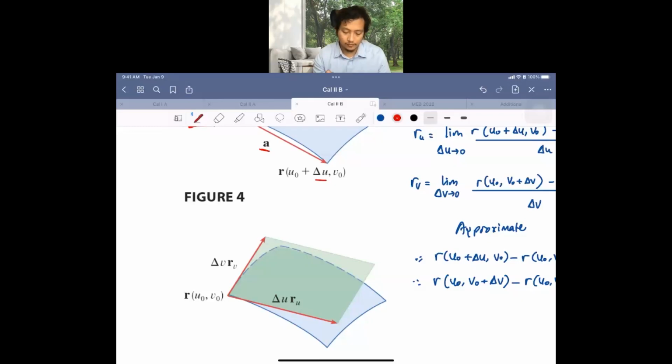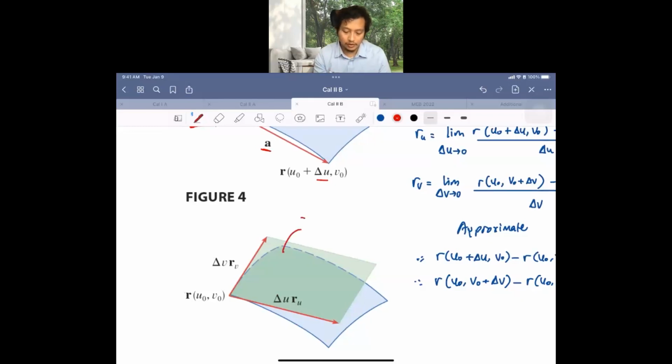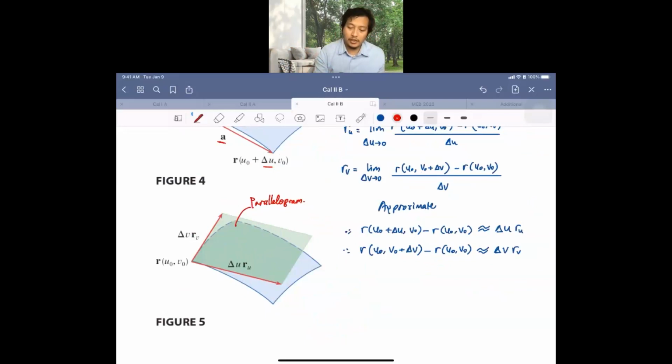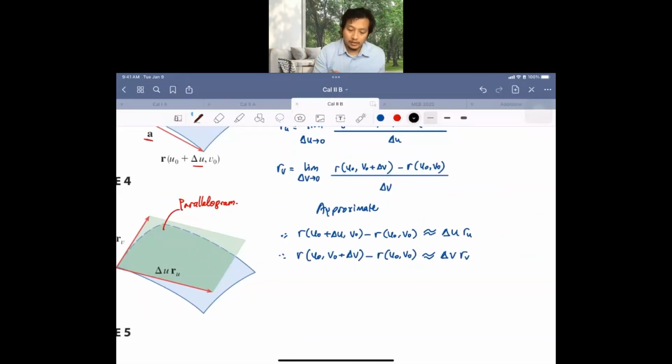Okay, so you can construct this parallelogram. So what we are approximating is the area, so we can approximate the area of R.